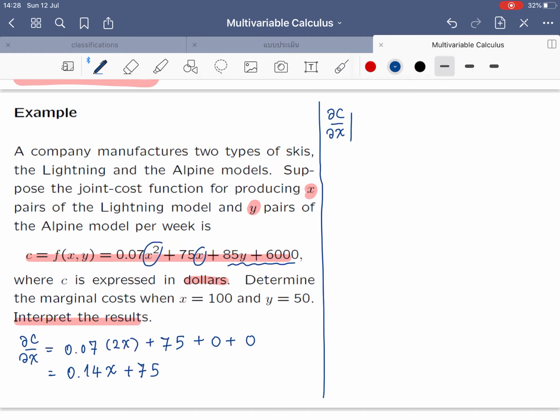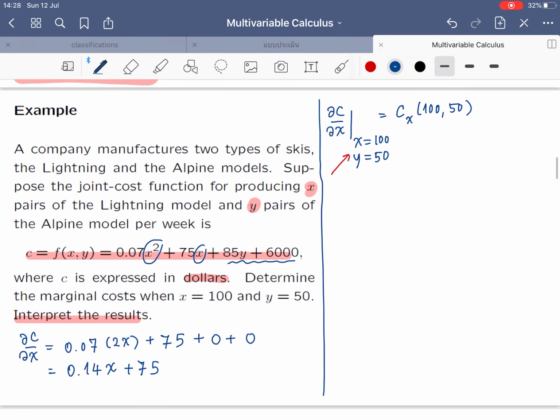So the marginal cost with respect to x, when x is 100 and y is 50, is the way we write it when you want to evaluate this partial derivative at a particular point. You can write it this way, or you can simply write C sub x at x equals 100, y equals 50. What is it?